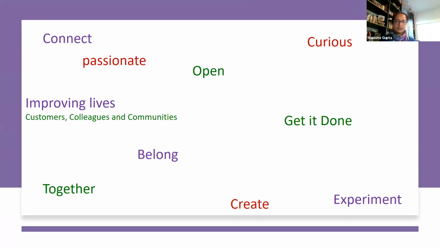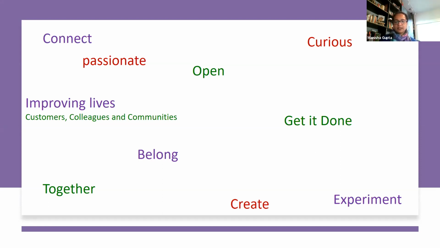So connecting with each other, you are a cross-functional group, so connection and cross-functional are of course important. I love the improving lives for all the human beings around us, whether customers, colleagues, or communities. That will only happen if we build some level of trust, if we become trustworthy for each other.